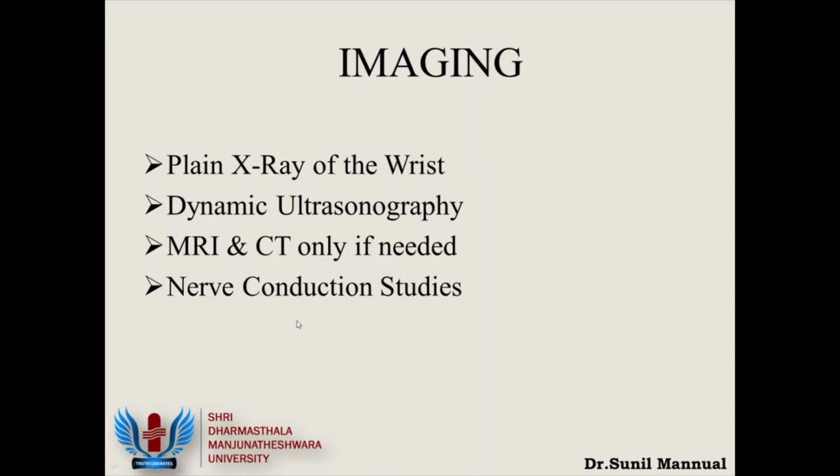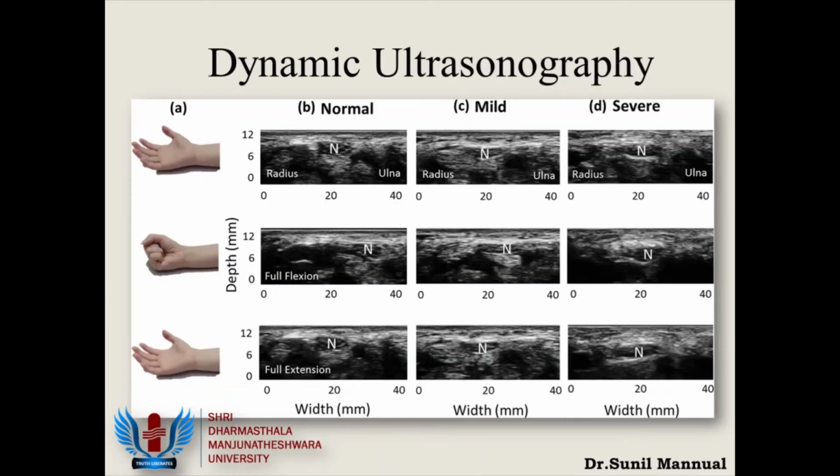Slide number 18, I have put a picture of the dynamic ultrasonography and how it is done. Basically here we are looking at the width of the carpal tunnel, and we are also looking at the position of the nerve in an ultrasound. Before that, let me emphasize that ultrasound is a beautiful investigation, good enough for making a diagnosis of carpal tunnel syndrome.